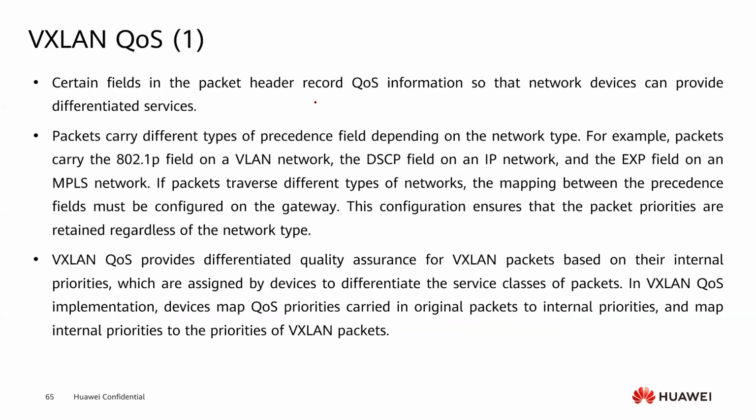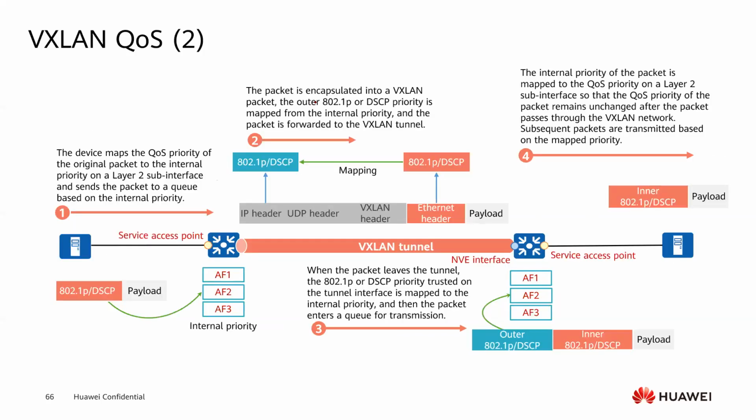We all know that for the VLAN, the original data frame can carry information about QoS. It is the DSCP. But how do we make sure the information can come through the VXLAN domain? So we need to use this feature. We call it VXLAN QoS.